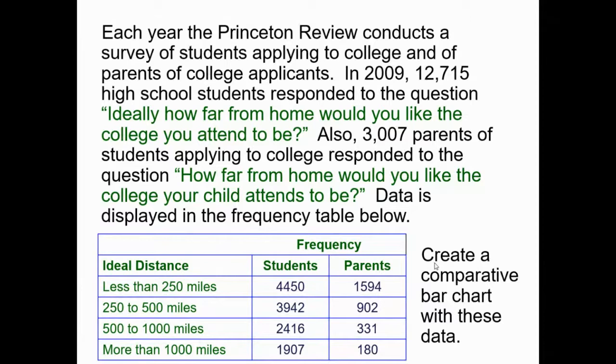Each year, the Princeton Review conducts a survey of students applying to college and of their parents. In 2009, they surveyed 12,715 high school students and asked them, ideally, how far from home would you like the college you attend to be?